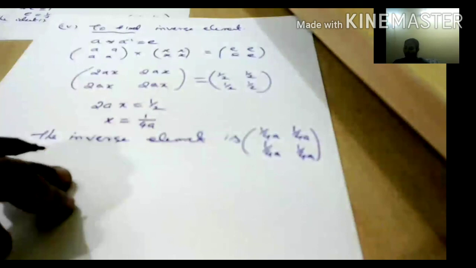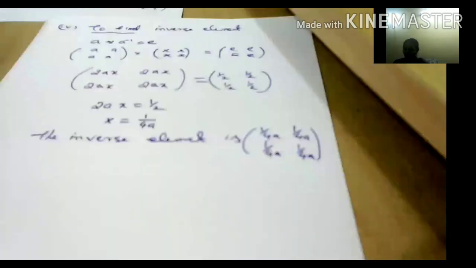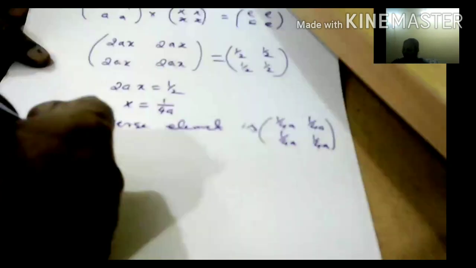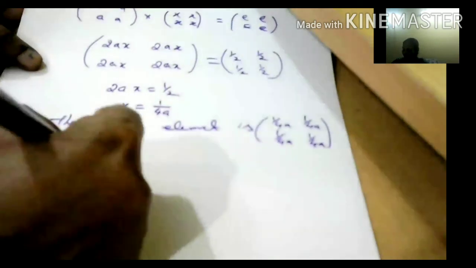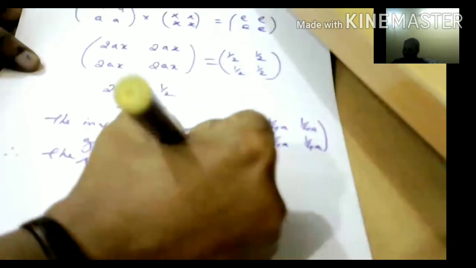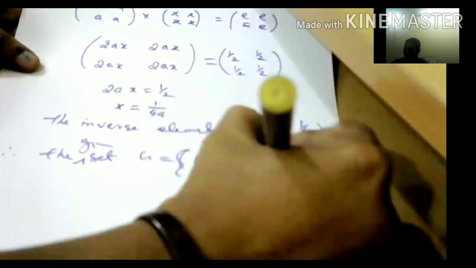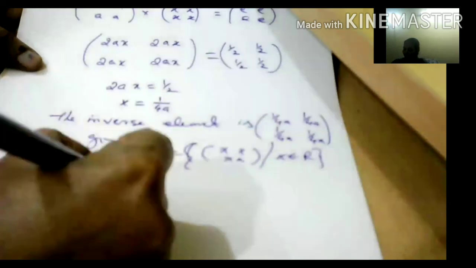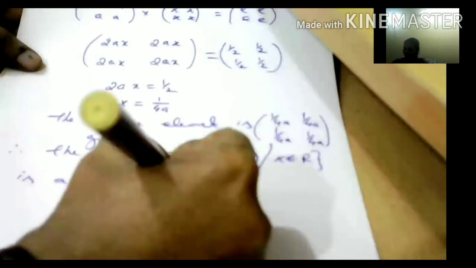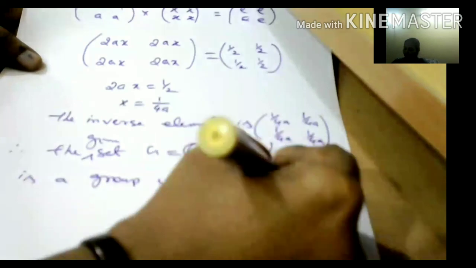Finally we found the inverse element of the given matrix. Then we can write the conclusion. So therefore the given set G equal to x such that x belongs to capital R is a group under multiplication.